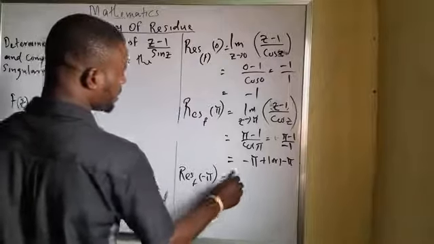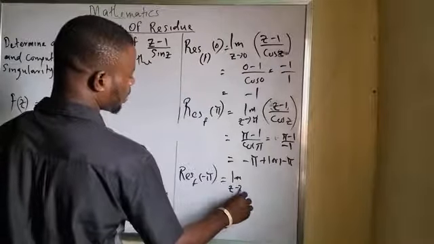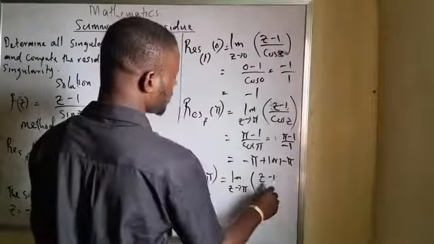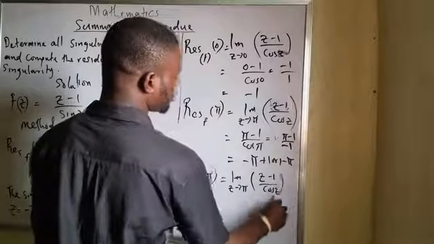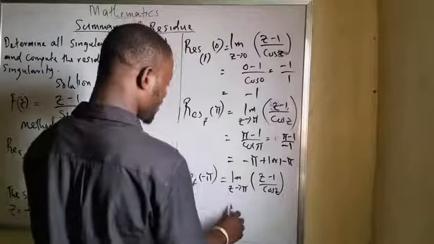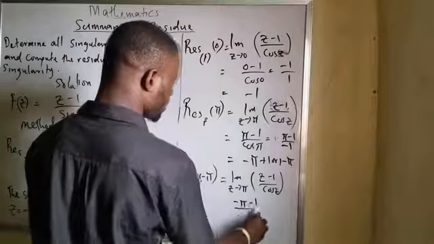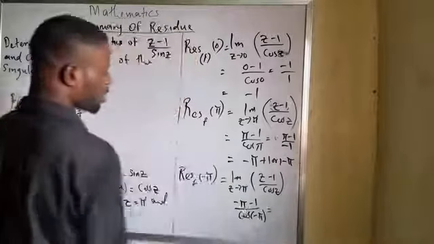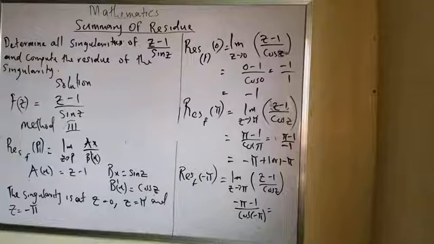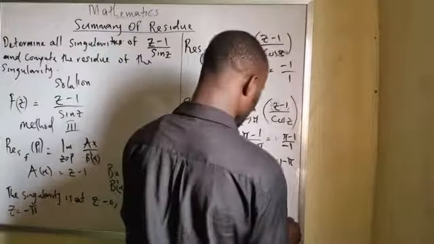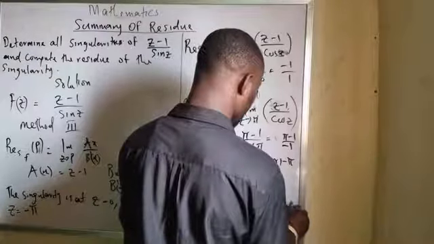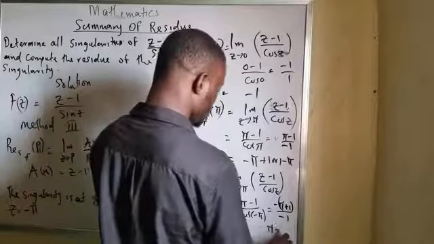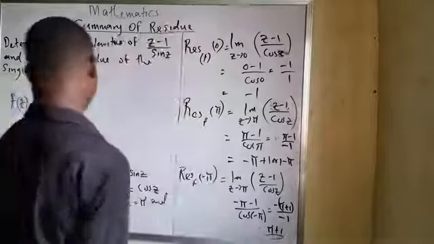It means I'll be having the limit as z tends to minus pi of (z - 1) divided by cos z, which is (minus pi minus 1) divided by cos of minus pi, and this will be -1. So it will be pi plus 1 divided by cos, that will be -1. Now that is my residue.